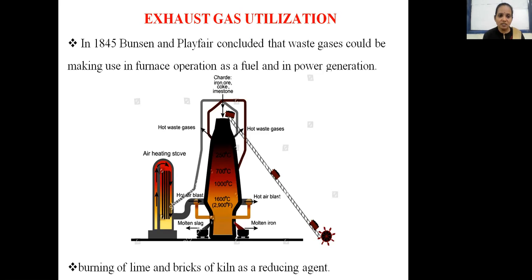They concluded that enormous heat and enormous gas were being wasted. So to avoid wastage of gas, they found the utilization of gases as fuel and to generate power also.